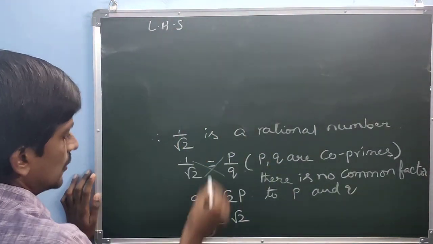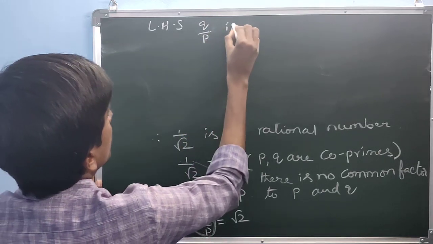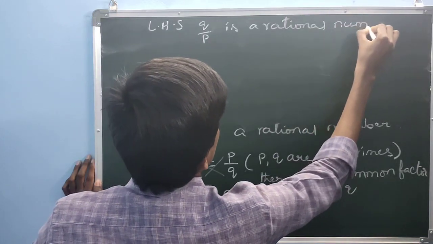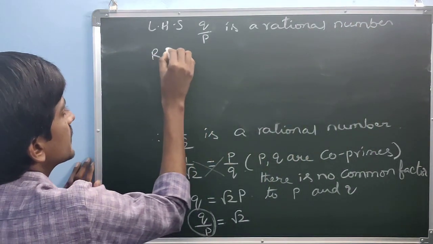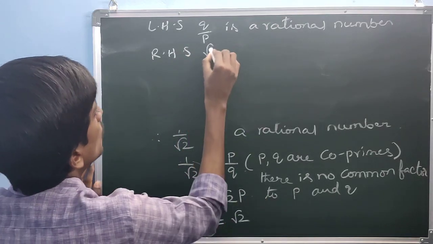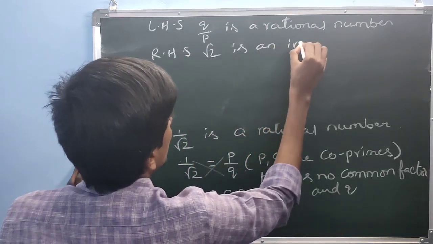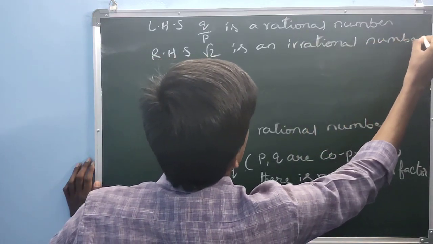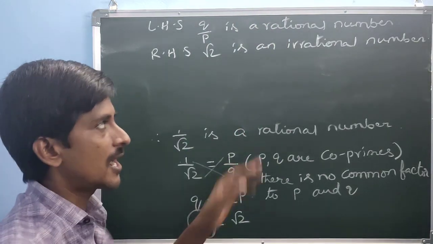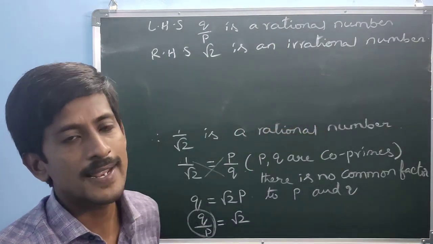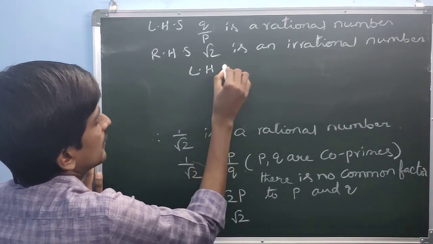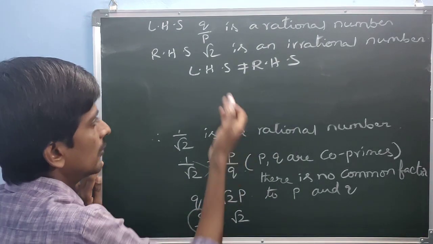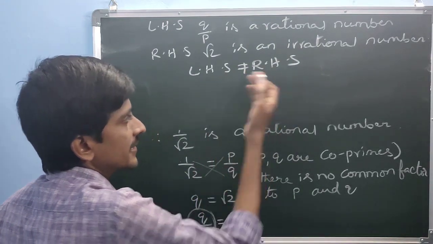That is the LHS. On the RHS, root 2 is an irrational number. An irrational number is never equal to a rational number. So LHS not equals RHS.